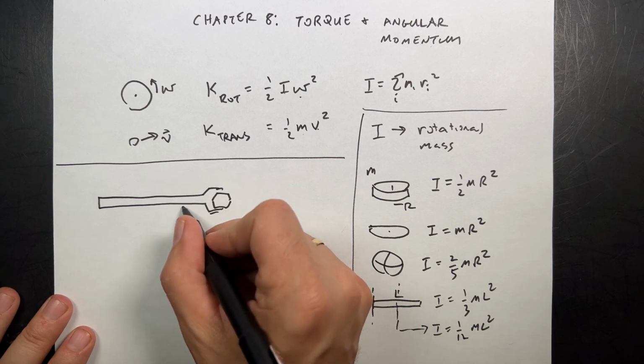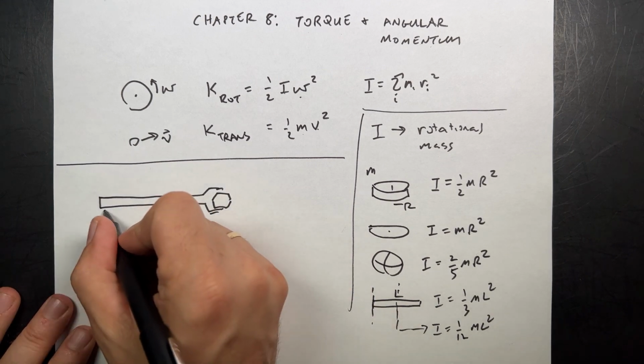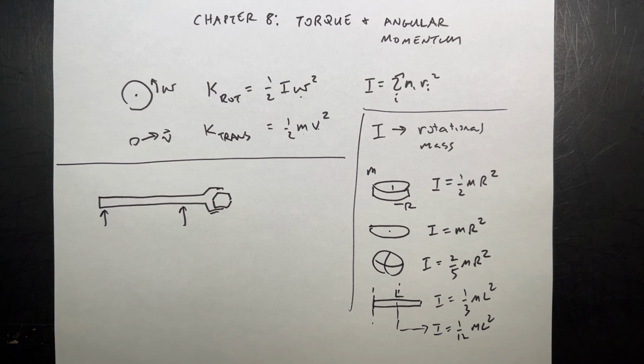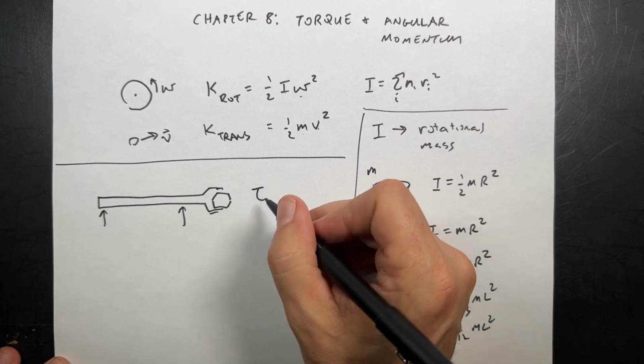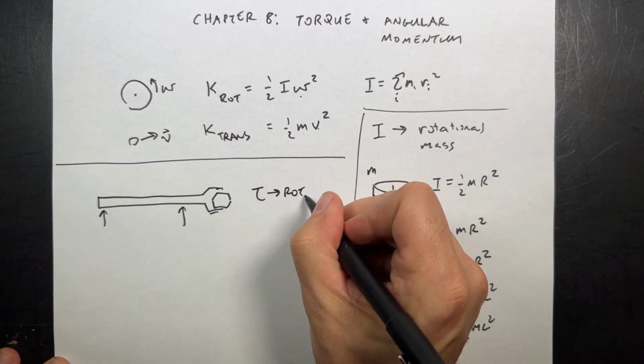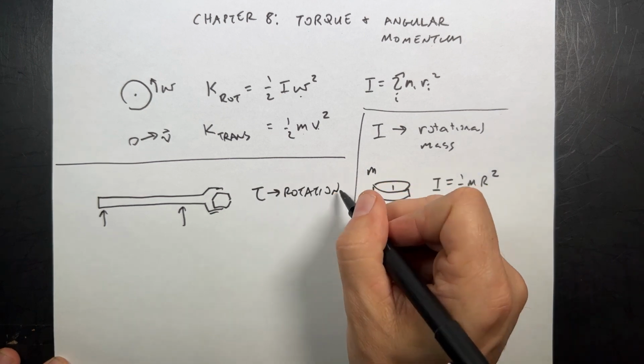Well, if I push with the force there, or if I push with the force there, I'm going to get a different amount of rotating ability. And this is what we call torque. Torque, which we use the Greek letter tau, is like rotational force.